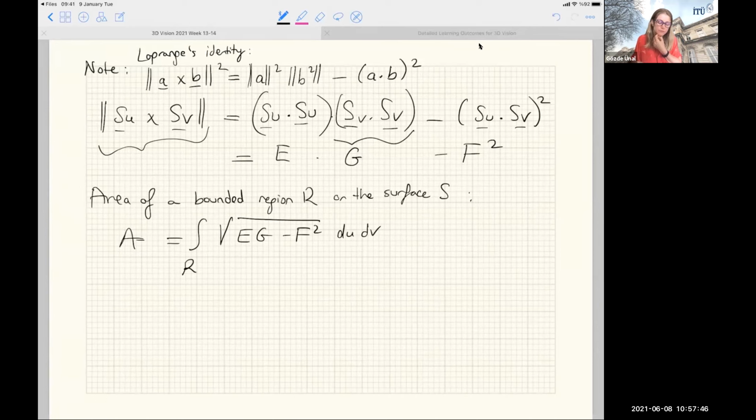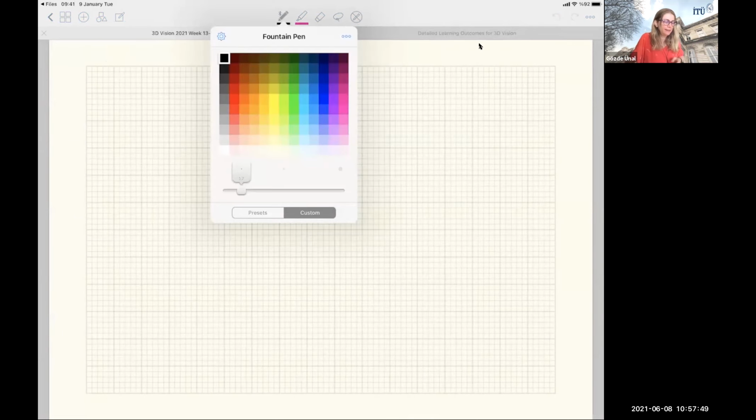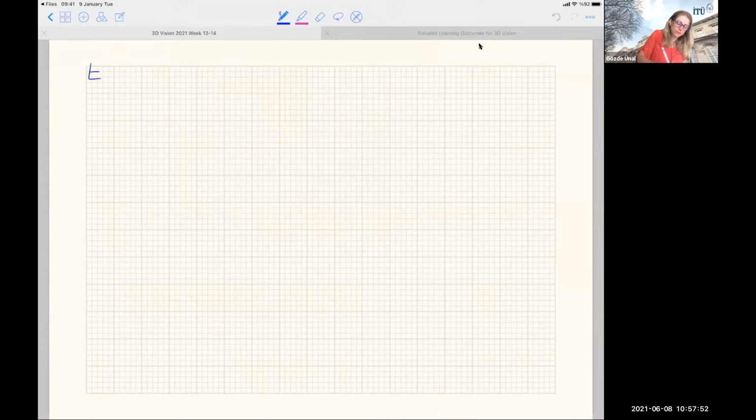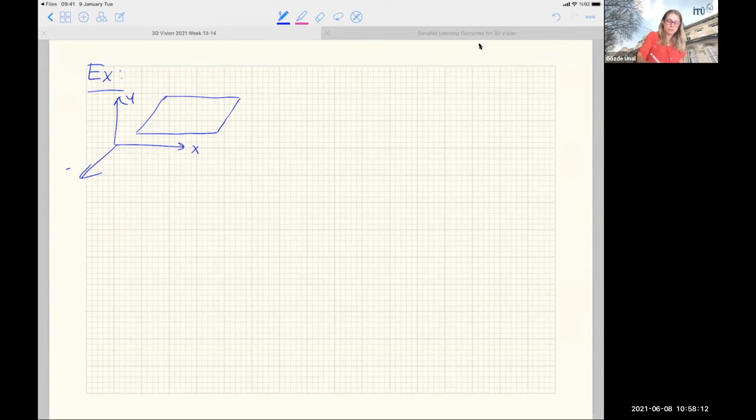So for instance, I can just talk about an example, a plane. Let's start with the simplest surface, which is a plane, a planar surface. Of course, it can still be embedded in 3D. Let's say it's really embedded in X, Y, Z. Now, what is its parameterization? You guys can recognize this. I can just use u, v and a constant.